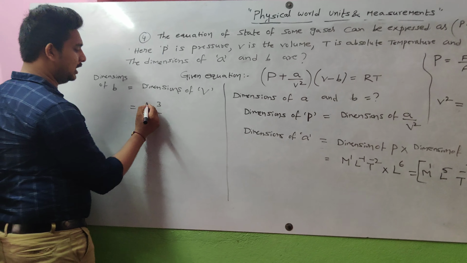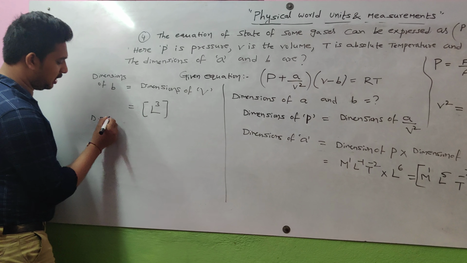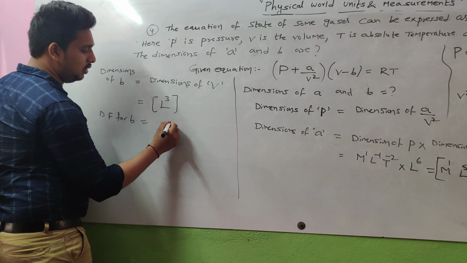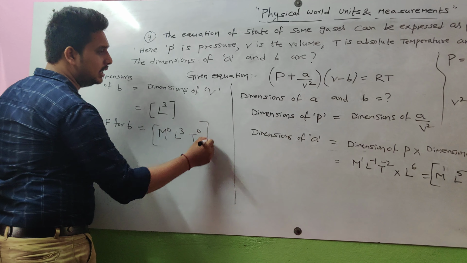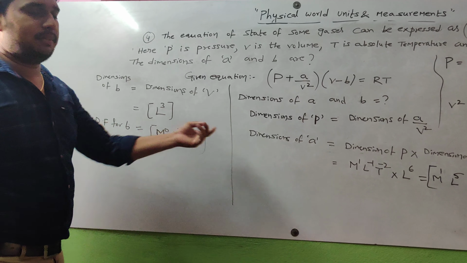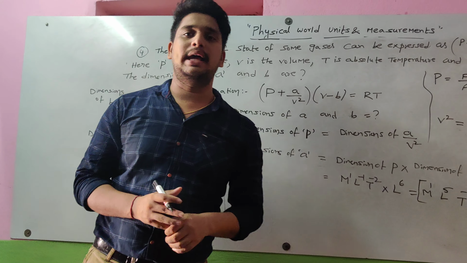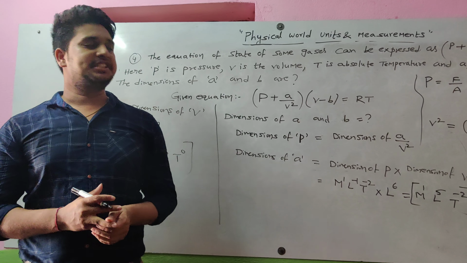So the dimensional formula for B is M power 0, L cube, T power 0. This is the dimensional formula for A and for B. Like this, we need to solve such questions. Next question.